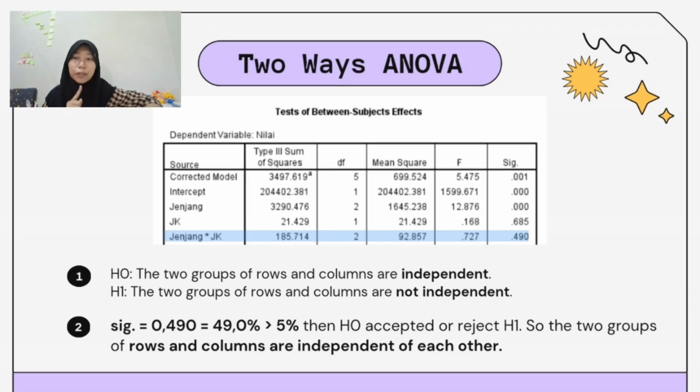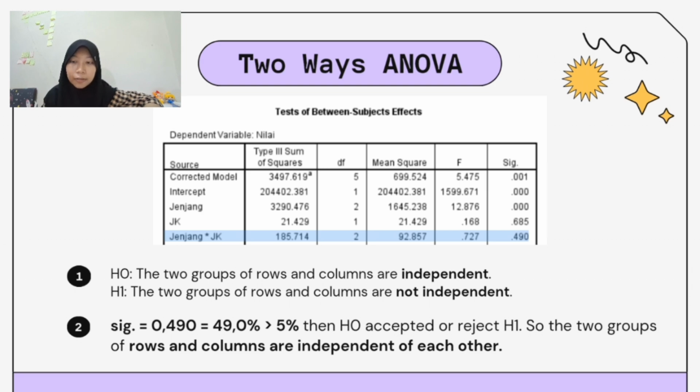Next, we focus on the column star row, the jenjang star gender, or jenis kelamin. The null hypothesis is the two groups of rows and columns are independent. And the alternative hypothesis is the two groups of rows and columns are not independent. Okay, and we see the significance.